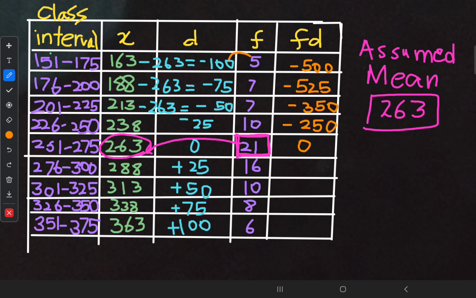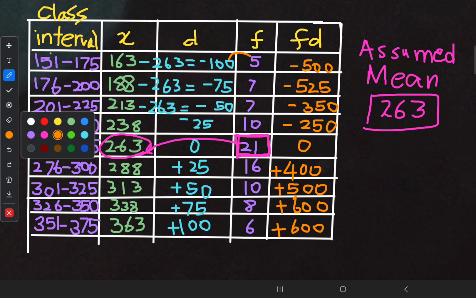Then 16 times 25 is positive 400. Then 10 times 50 is 500. 8 times 75 gives positive 600. Then finally 6 times 100 is positive 600.